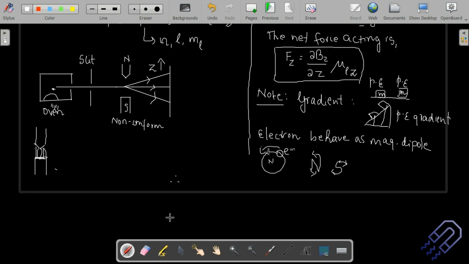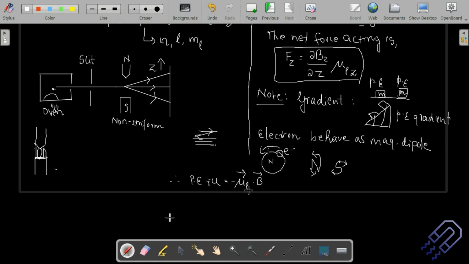Then there was a concept which we did in class 11 or 12, I think, that if we have a magnetic dipole and there is a magnetic field, we can find the force or torque acting on it. Based on that, you can also calculate its potential energy. The potential energy of this particular dipole, let's represent it as U, is nothing but minus mu_L dot B. B is the magnetic field, and mu_L is the dipole moment.